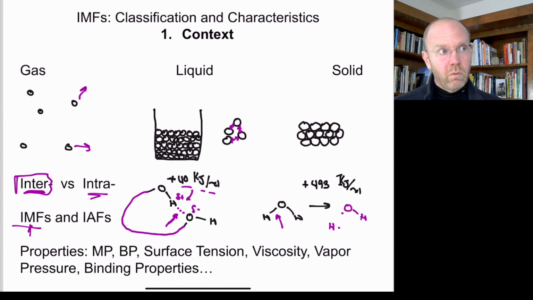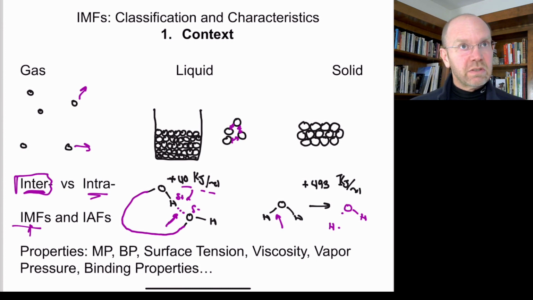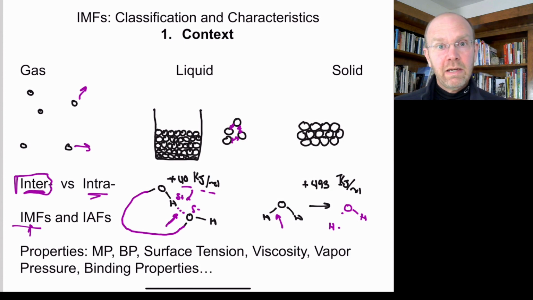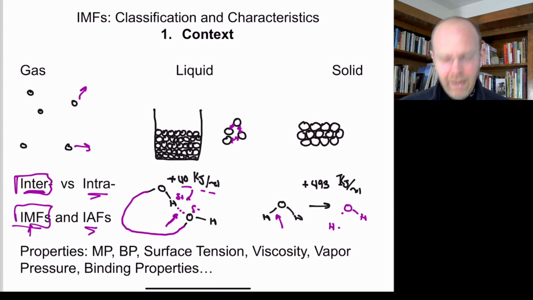So this term intermolecular forces has become generic for the attractive forces that hold particles, to be most general, together, say in the liquid or in the solid phase, right? They could be atoms, they could be molecules. We usually just say IMF, intermolecular force. The forces have the same origin, whether it's a molecule or an atom, and so we simplify by calling them all IMFs, even though sometimes we mean IAFs.